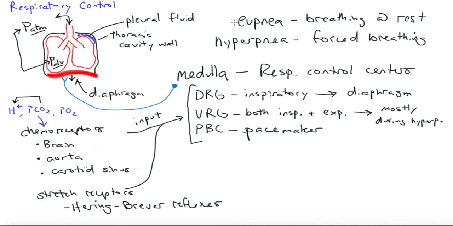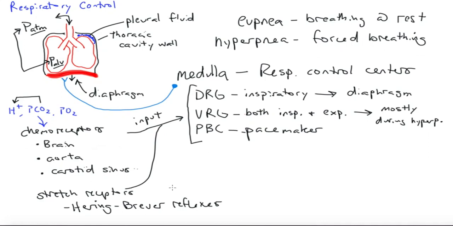And when the lung volume gets low, there are a separate set of receptors that start to say, hey, lung volume's getting low, you need to breathe in. And so it'll turn back on the inspiratory center and turn off, if it's on, the expiratory center. And so it helps us transition between inspiration and expiration with each breath, based upon whether the lungs are filling or deflating at a given moment.